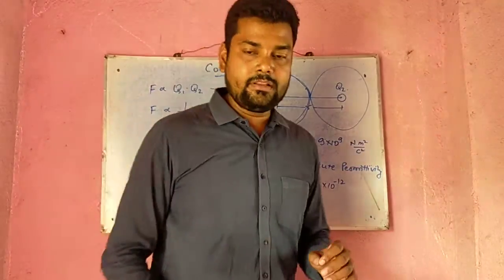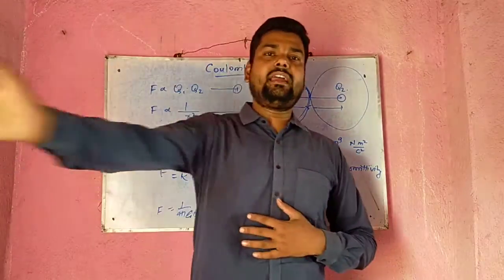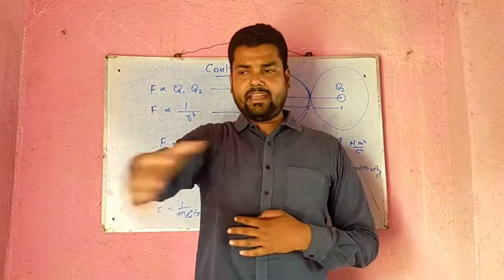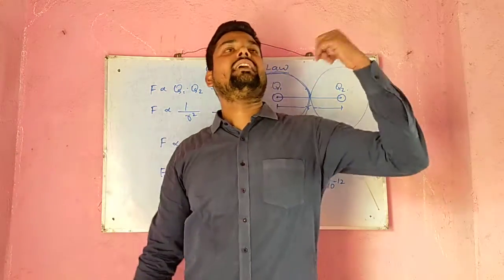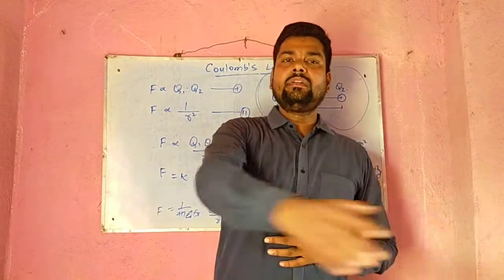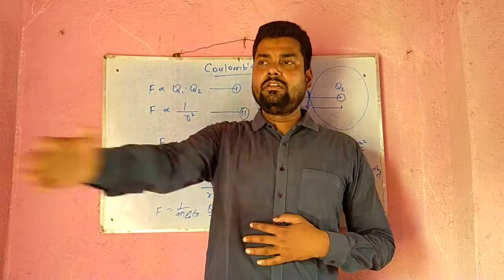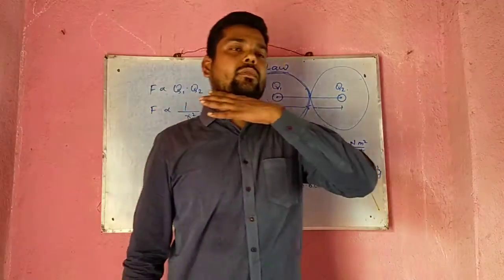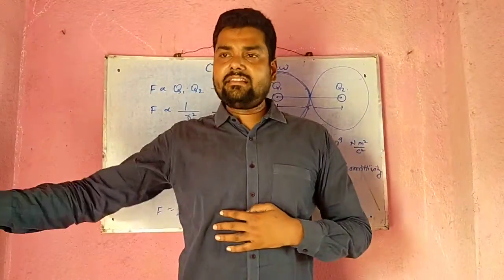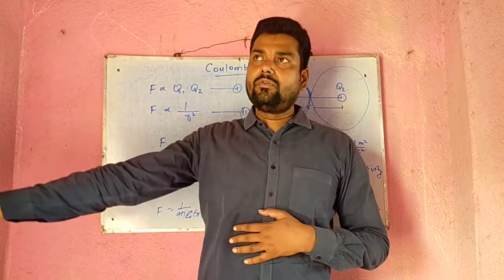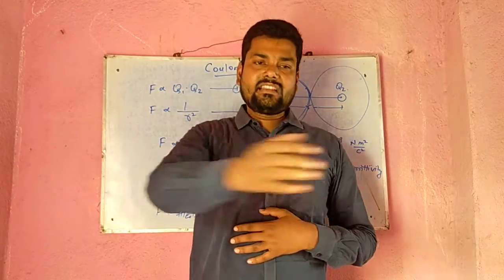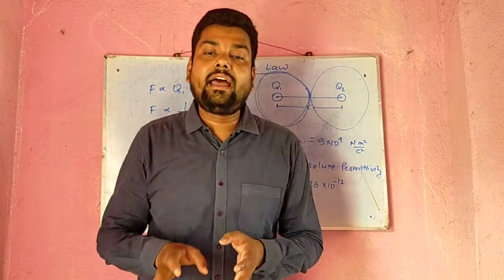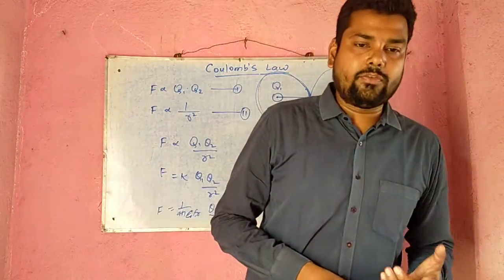Let us take an example. If I am waving my hand in a particular pattern, the medium here is air. This air, that medium, gives me the permission to wave it easily. Likewise, if I am inside water and the water is till my neck, and this time I want to wave my hand, then for the same velocity as in air, I would require a greater amount of force.